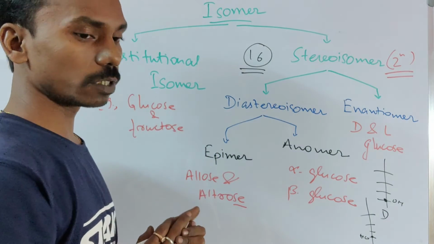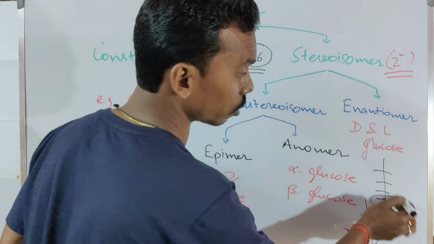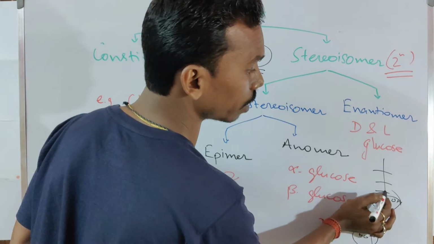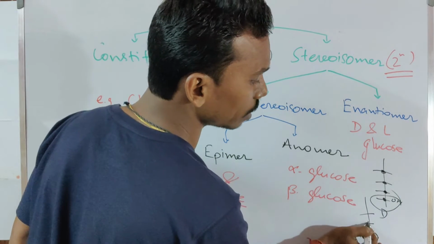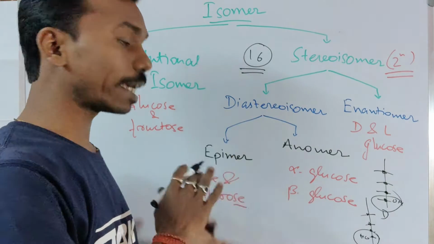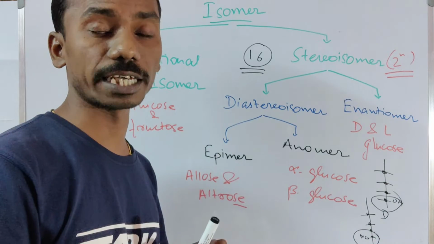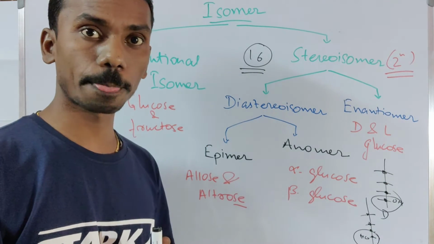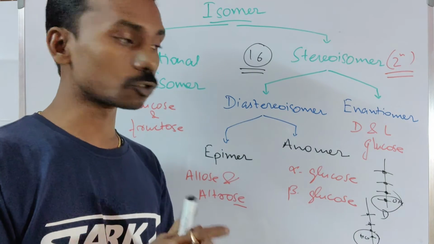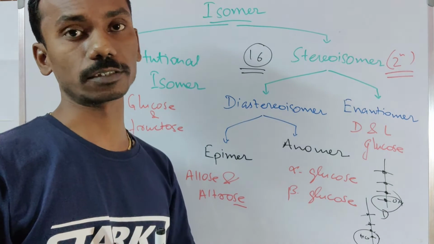Then coming to diastereoisomers, when there is a change in the hydroxyl group at the penultimate chiral carbon, some kind of change may also happen in the other chiral carbons. The OH and H may be present on the right or left. The spatial arrangement of OH and H may differ from one another among the different stereoisomers of a single monosaccharide. So other than the enantiomers, all of these are diastereoisomers.